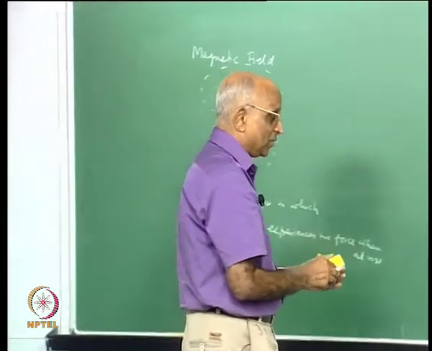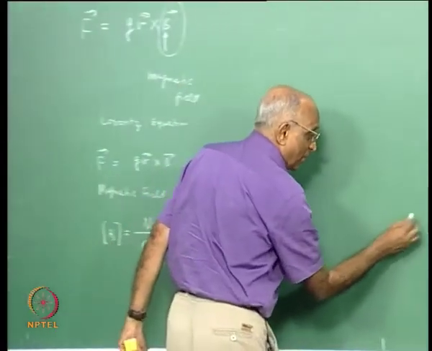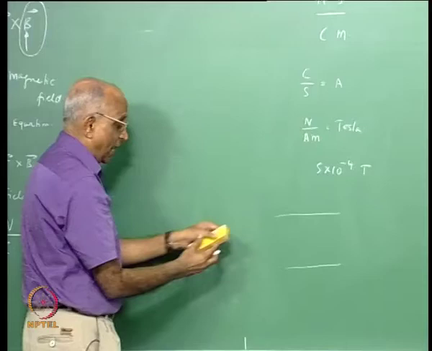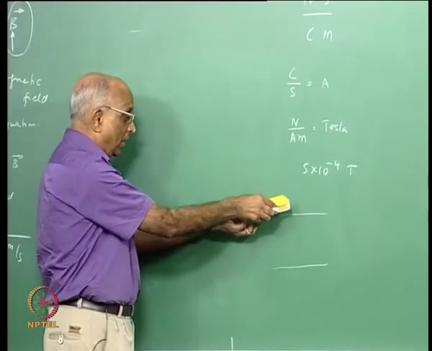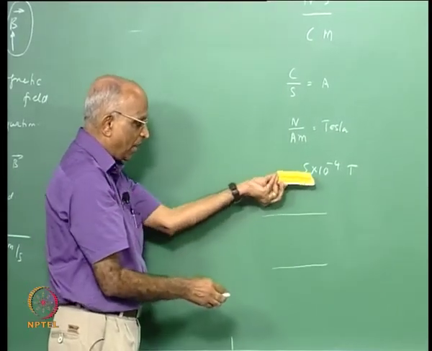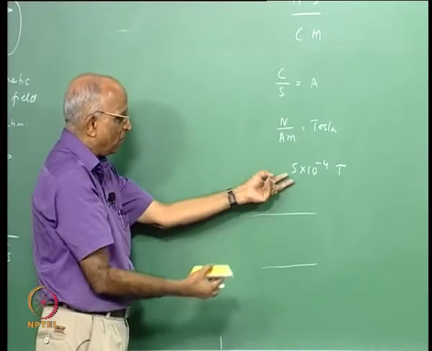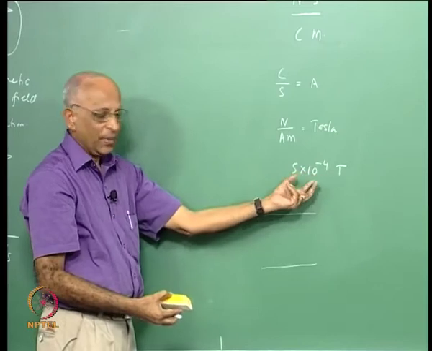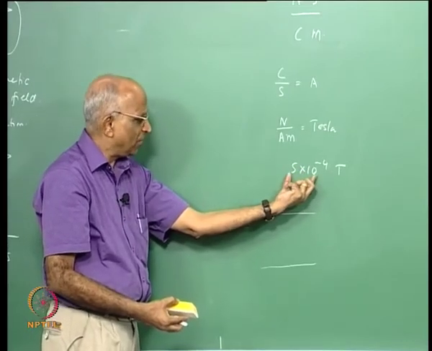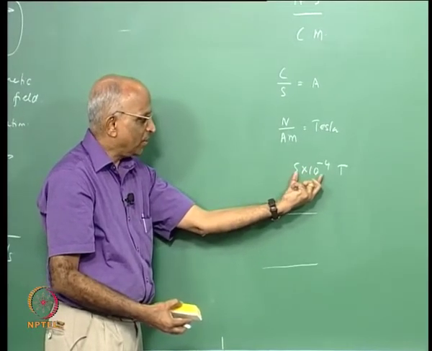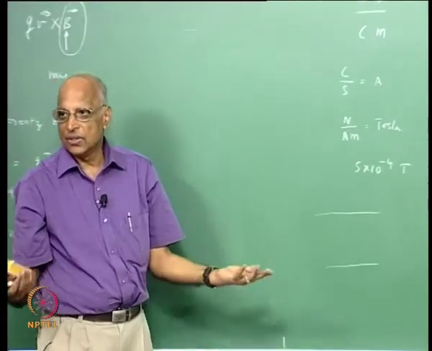We say yes, I have rails which are magnetically levitated, and above the rail the train is going up in air with some gap. You have very strong magnetic forces of the order of a few Tesla. Therefore, we say this is a weak magnetic field of the order of 5 into 10 to the power minus 4, as is on the surface of the Earth.